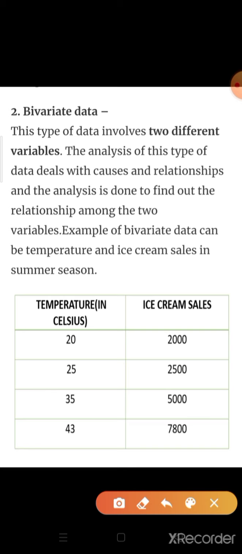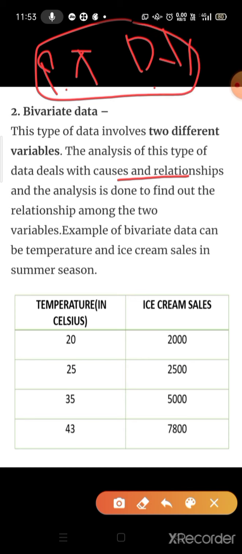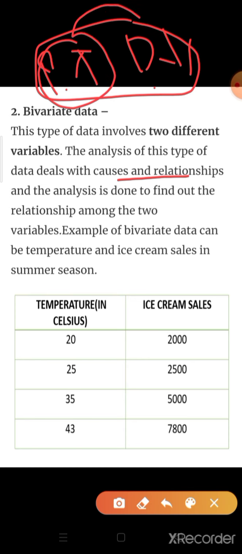Next, bivariate data. This type of data involves two different variables. The analysis of this type of data deals with causes and relationships. Like if price increases, then demand decreases. So price and demand have a cause and effect relationship. If price increases, this is the cause, and the effect is on demand.